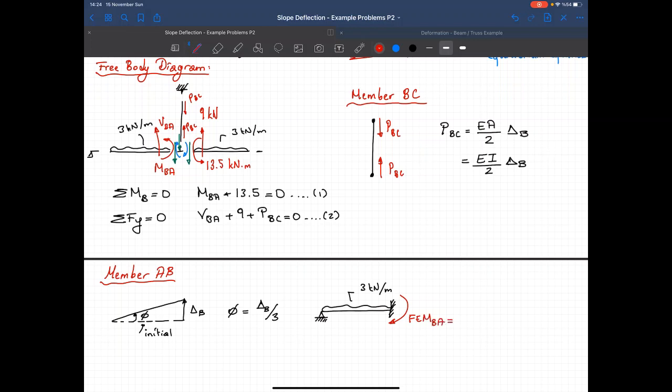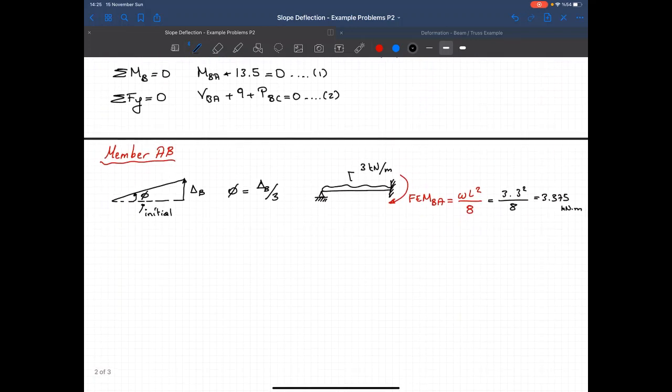The magnitude, we can just take a look at the fixed end moment table, and that's equal to WL squared over 8. When you calculate that, this is equal to 3 times 3 squared divided by 8, which is equal to 3.375 kilonewton meters. Now I have all the parameters that I need to write down the slope deflection equation.